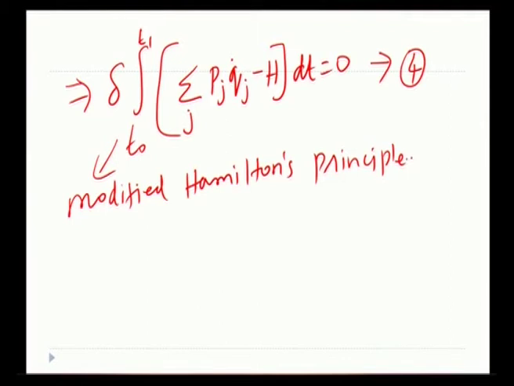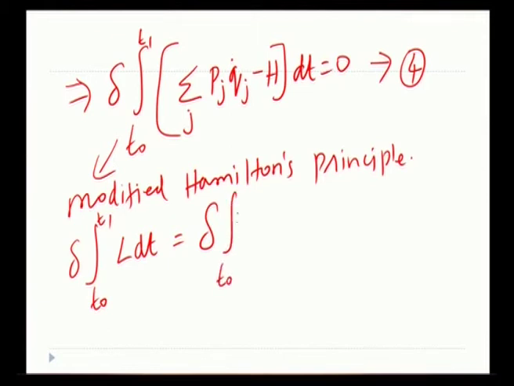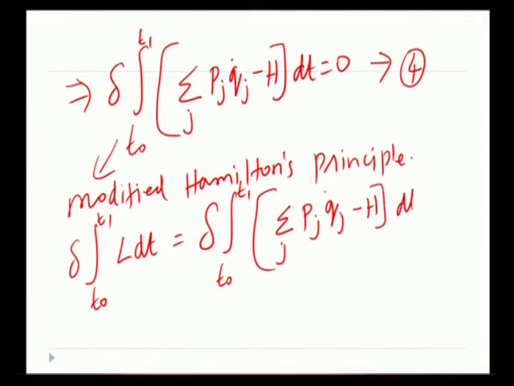Then we have the small variation in that Hamilton's principle, integration between t0 to t1 L dt, is equal to del of integration between t0 to t1 summation over j into pj q dot j minus h into dt, is the small variation.